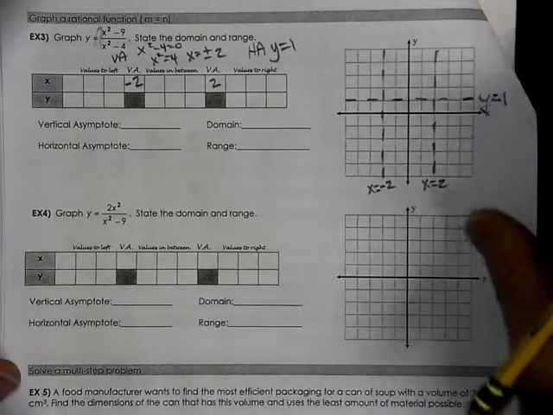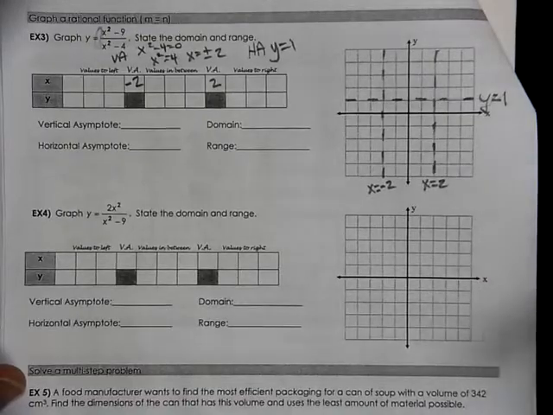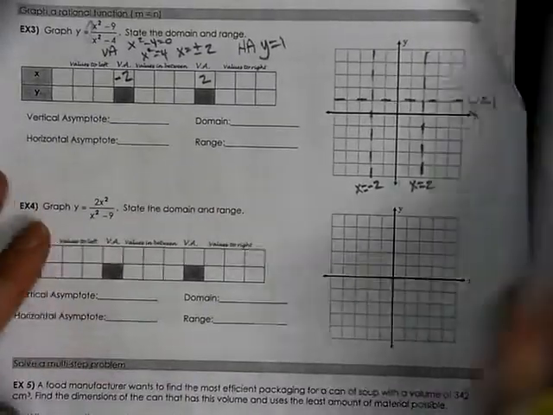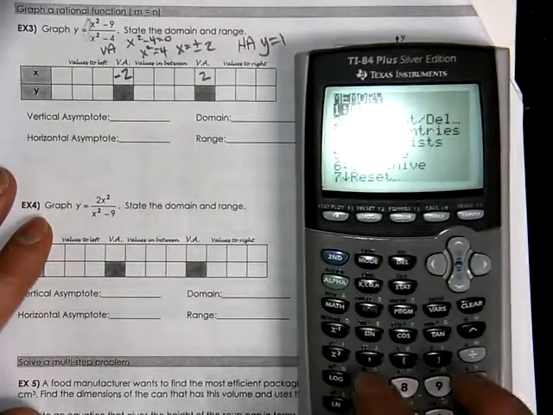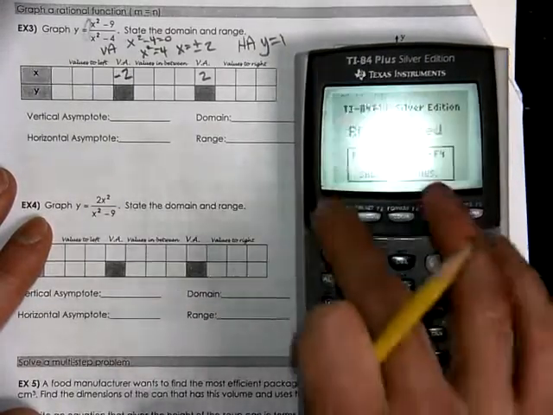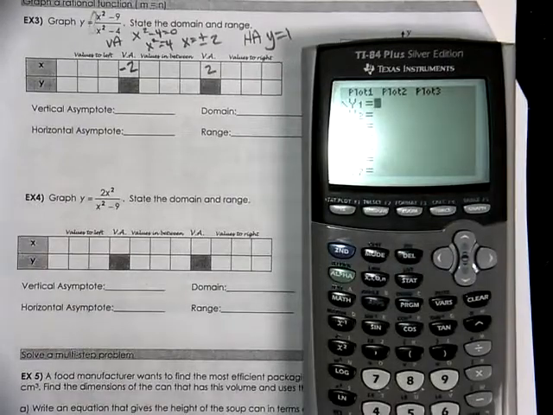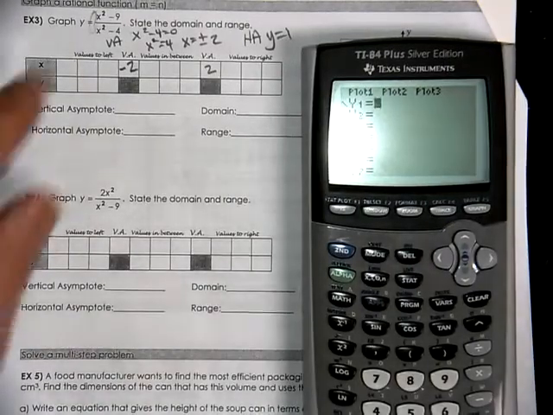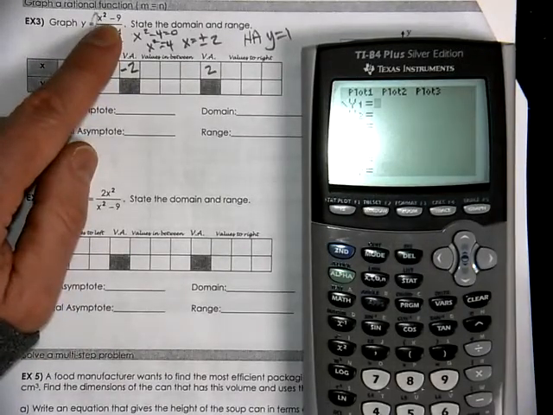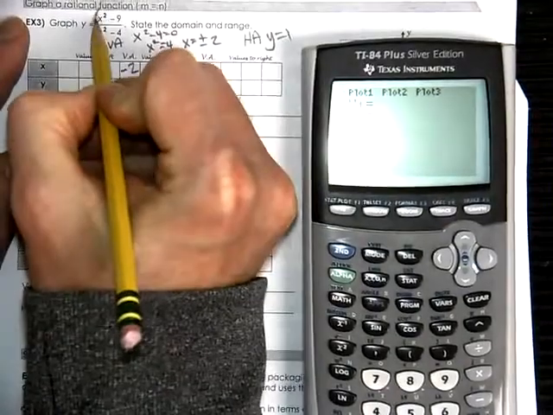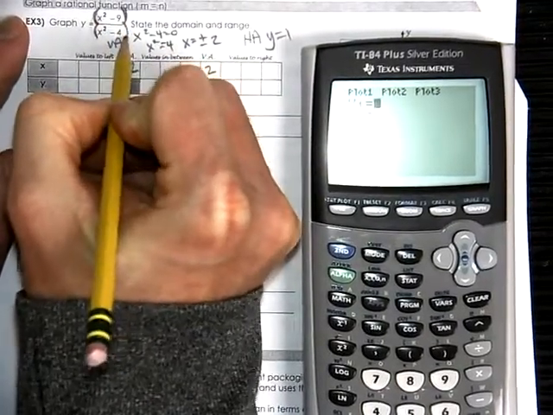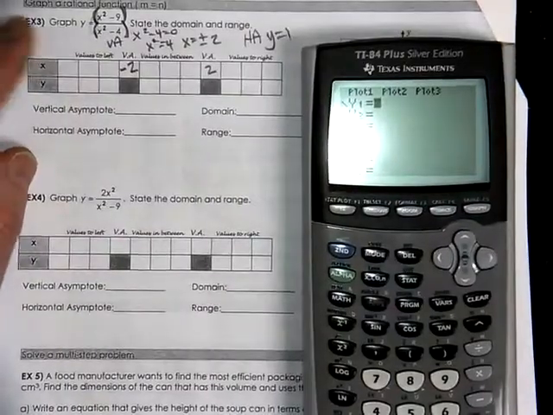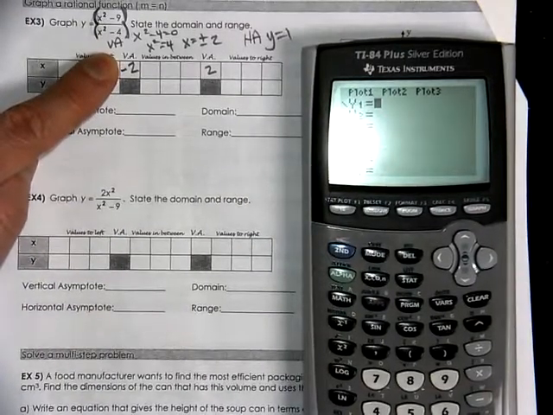So next what we're going to do is go to our graphing calculator. I'm going to clear mine out, so second plus 712. So when I go to y equals, I don't have any equations in there. Really important here, you've got to put parentheses around your numerator and around the denominator. Need those for your graphing calculator.